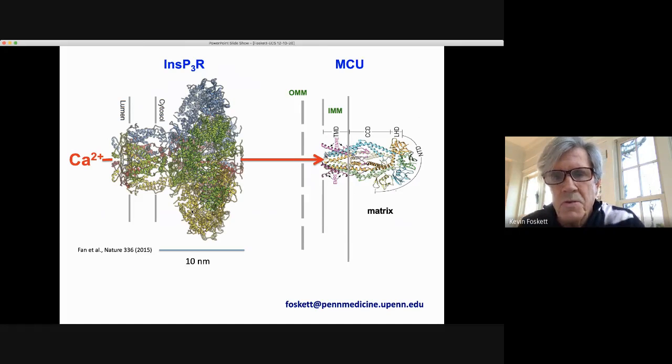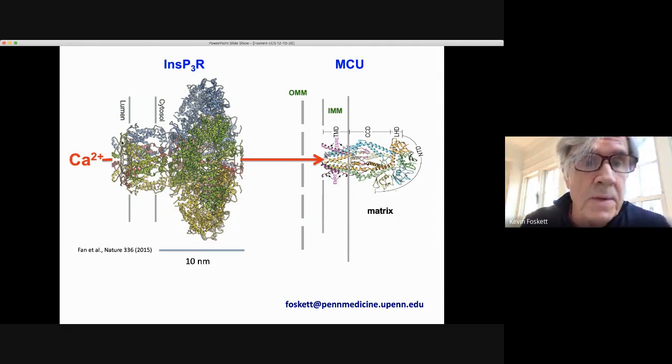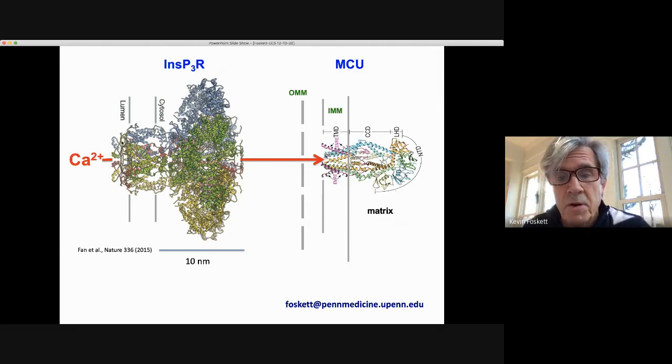And so here is the issue. We now have some structural information about the proteins that mediate calcium egress out of the endoplasmic reticulum through the IP3 receptor, and calcium uptake through the mitochondrial calcium uniporter that I'm going to talk about today primarily.